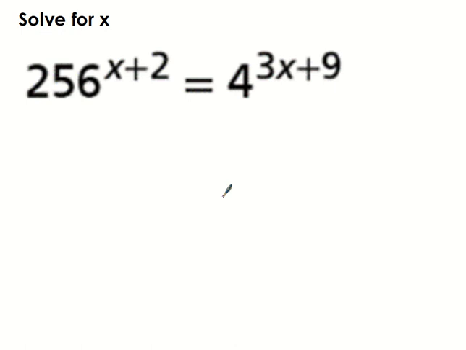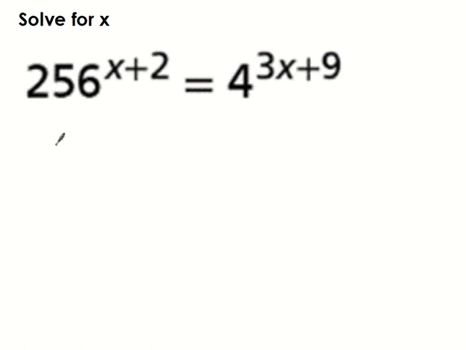Alrighty, so for this one, why don't you see if you can figure out what base I would need to do. All right, so 4 times 4 times 4, how many times would I get 256? So I want you to pause and try to figure out what that would be.